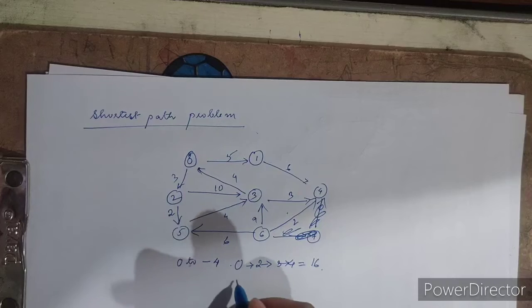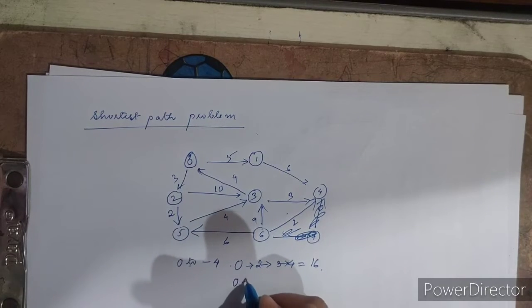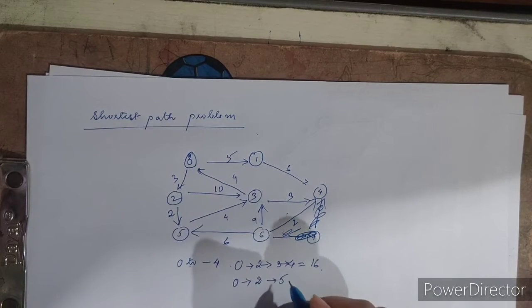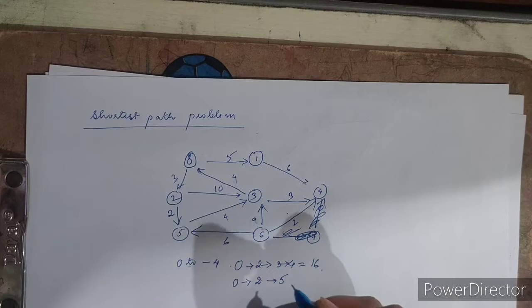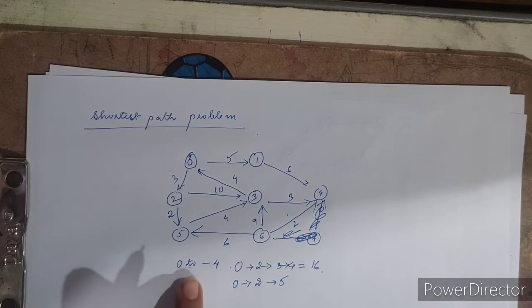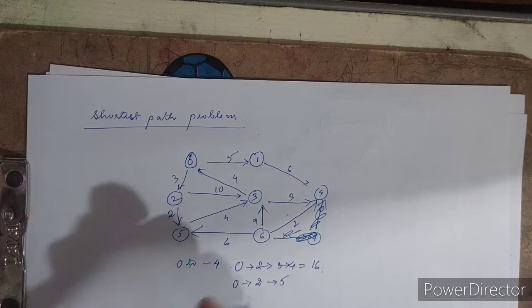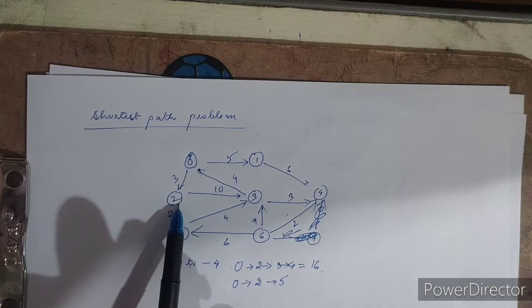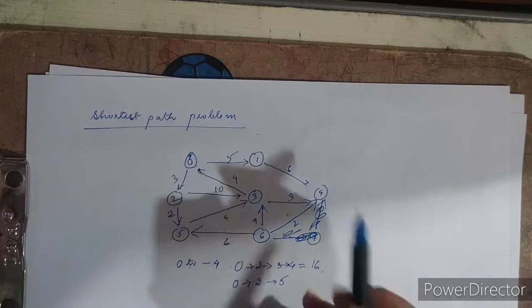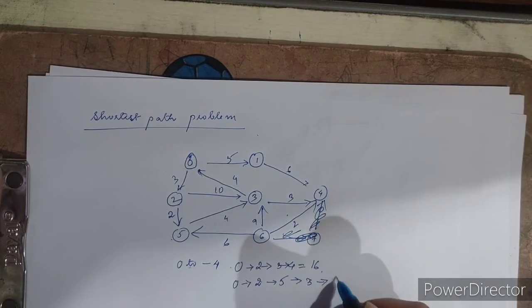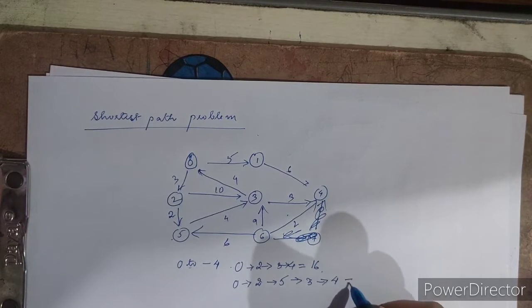The next path is from 0 to 2, then 2 to 5, and then we can go to 3, and then 4, and the length of this path will be 12.